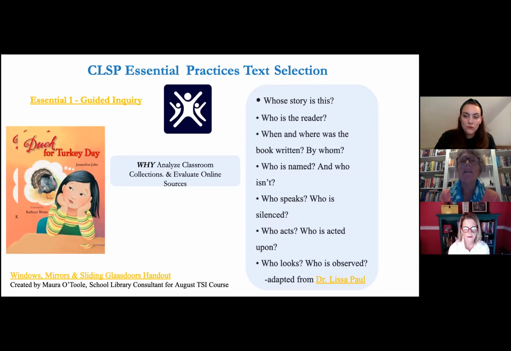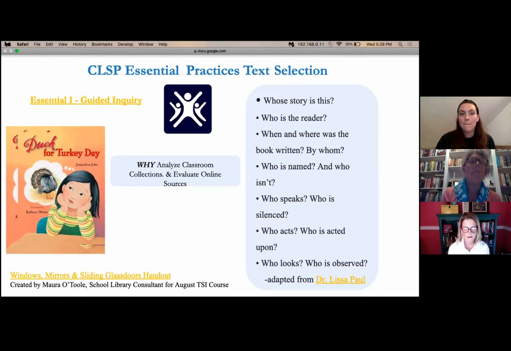They give you some guidelines for determining what you might assign in Sora, but also when you get back into the classroom, what might be on your shelves. And on the bottom left, you'll see a link to a presentation that Maureen O'Toole created and I co-presented with her at the Teacher Summer Institute this summer if you want to learn more about that.